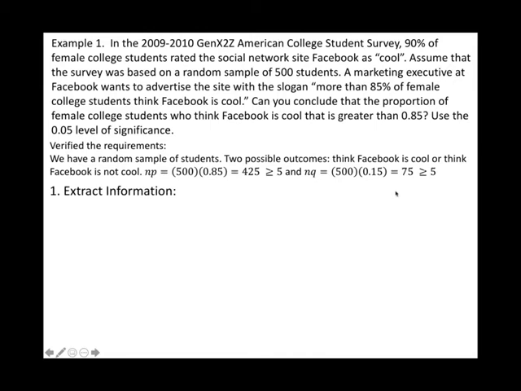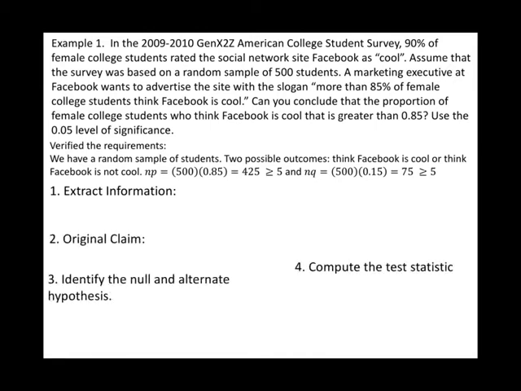We're going to do the first 4 steps here. Number 1, extract information. But first, I want you to figure out the original claim. You know this is working on the proportion, so first find your claim statement. Which sentence will be your claim statement?